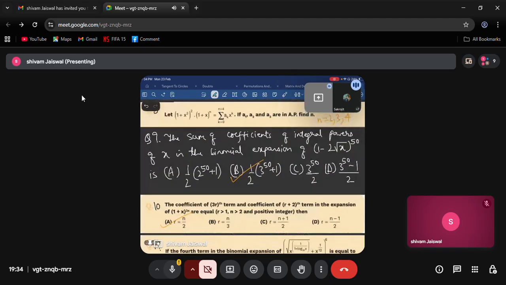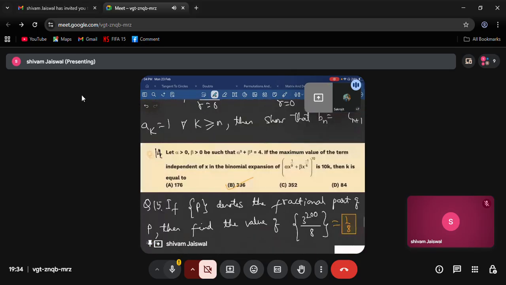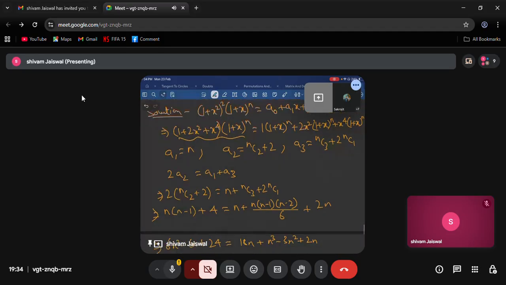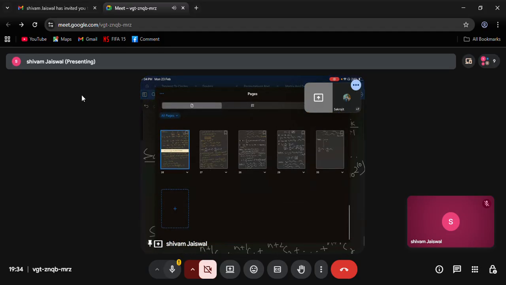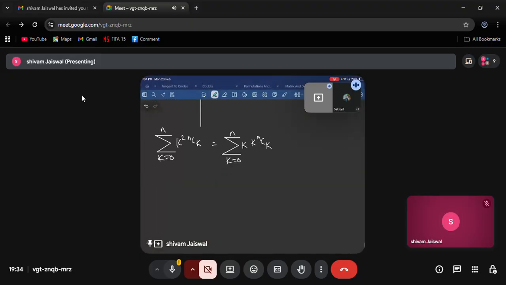Anyways, let us write it. So it is n into 2 to the power n minus 1, into summation of k equal to 0 to n k. So this will become n into 2 to the power n minus 1 into n into n plus 1 by 2.